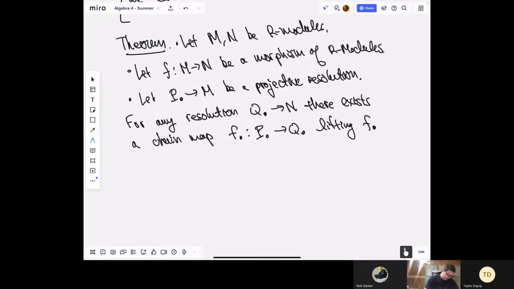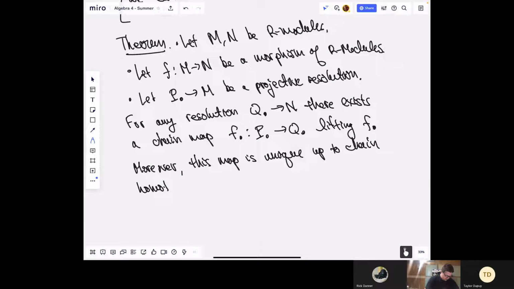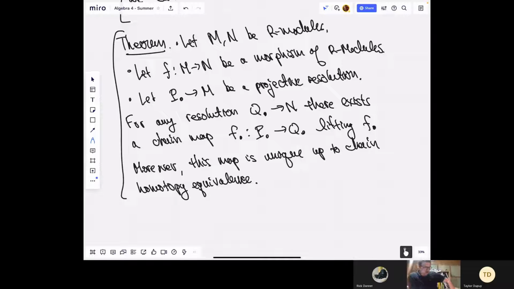Okay. Moreover, this map is unique up to chain homotopy equivalence. Okay, so it's like you have these morphisms, they extend to the resolutions, and the extension is unique up to homotopy. Okay, so let's do the proof.